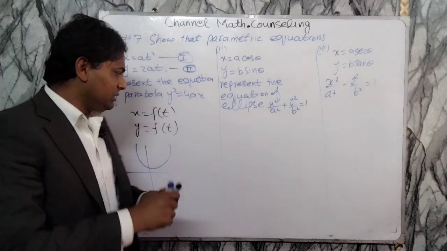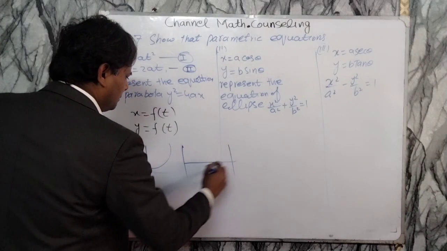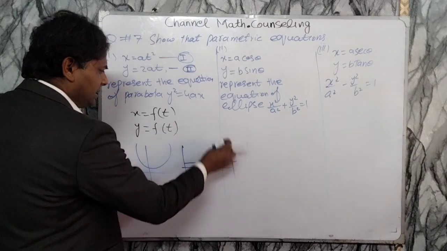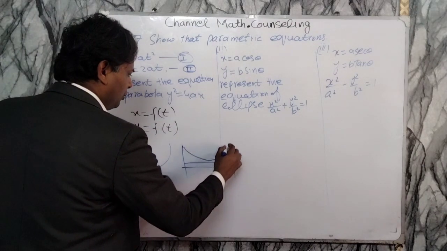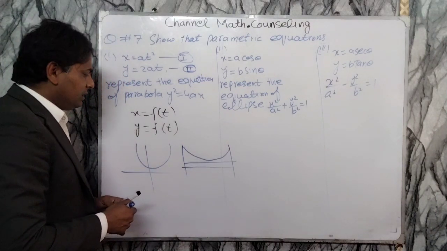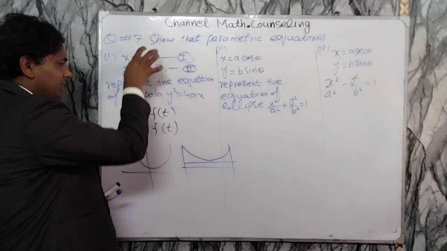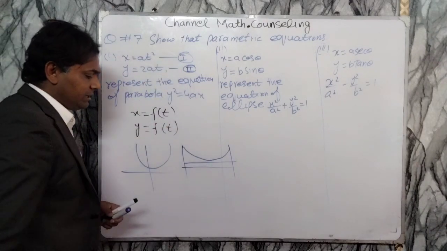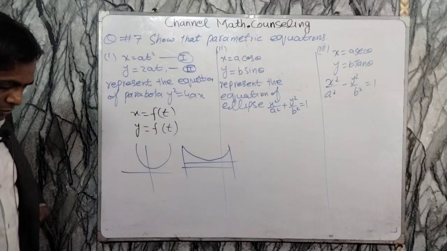This one is the bridge, here and here are two pillars, and these two pillars are connected to each other by a rope. This rope is a parabola. Okay, now we have to show that these two equations are representing a parabolic equation. Now we get started to solve our question.